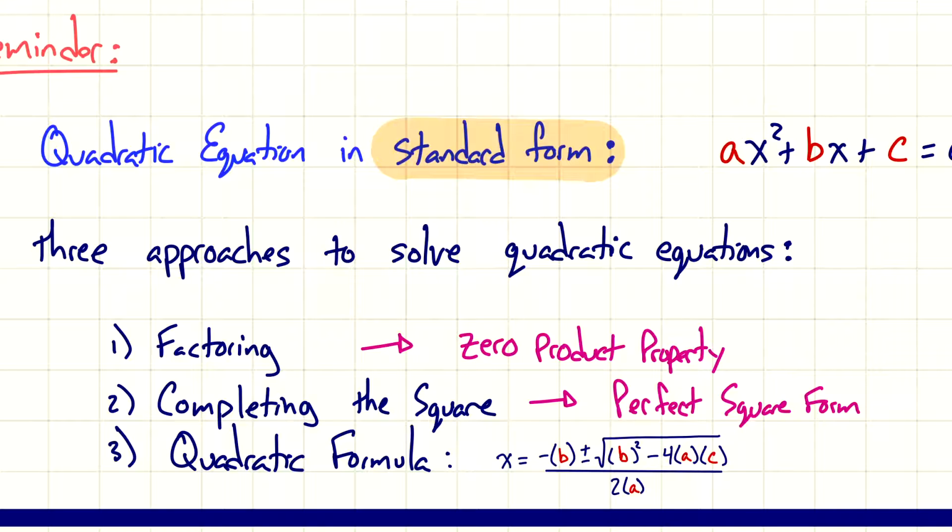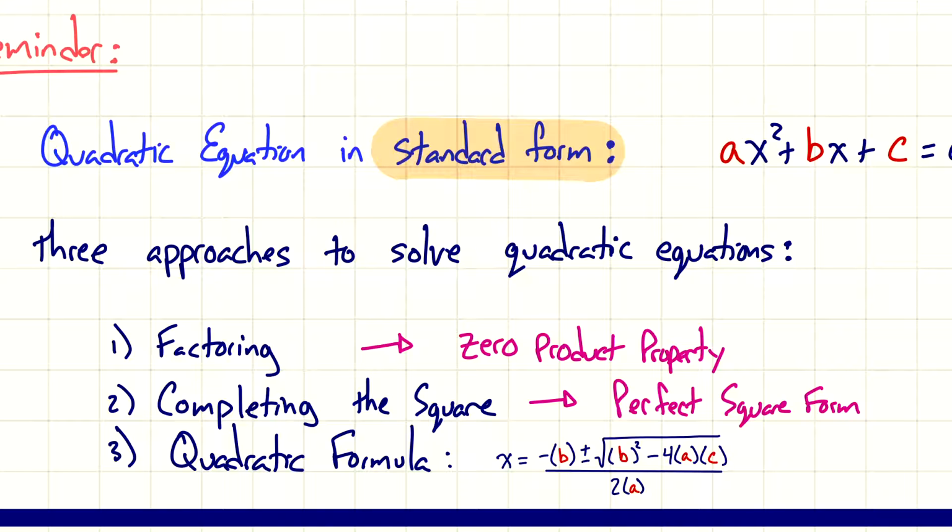And the whole goal is really to end up using the zero product property. So factoring is really the first step, and then the goal is to use the zero product property, which usually means we have something factored and we get to split it up into two separate things. And I'll give you an example of that in a second.